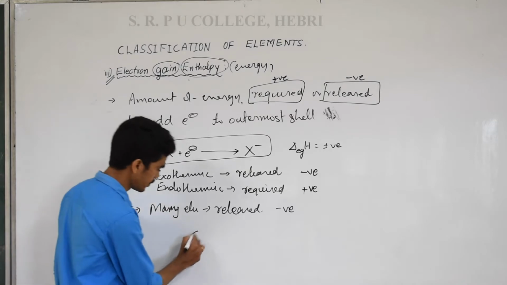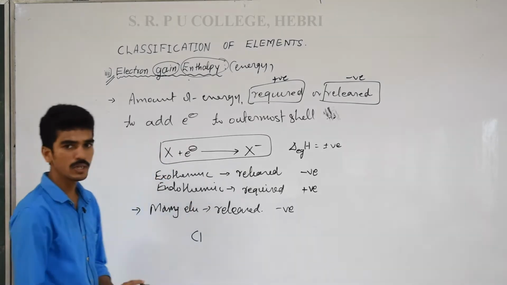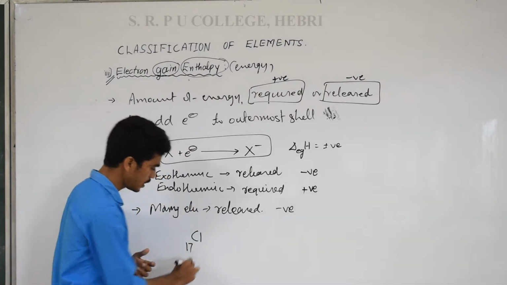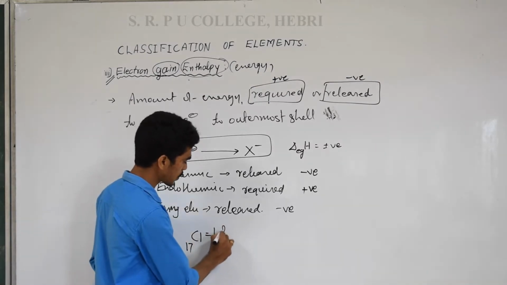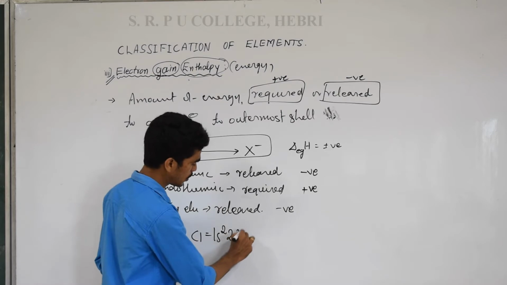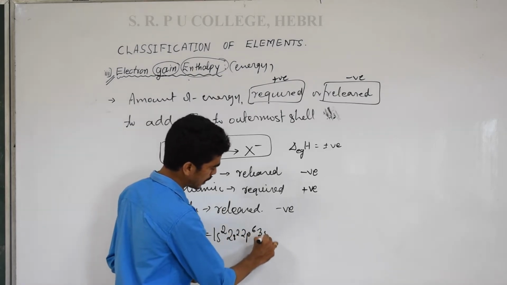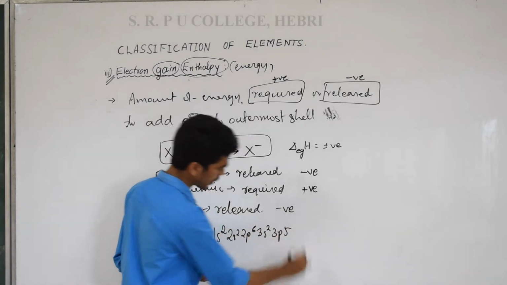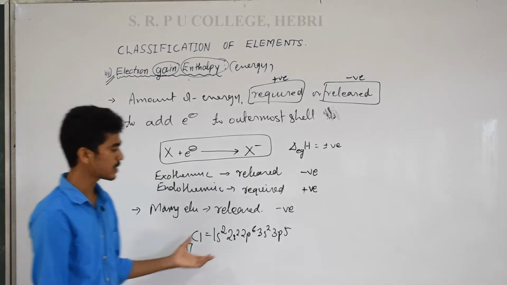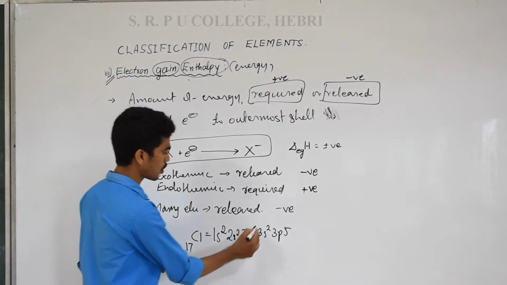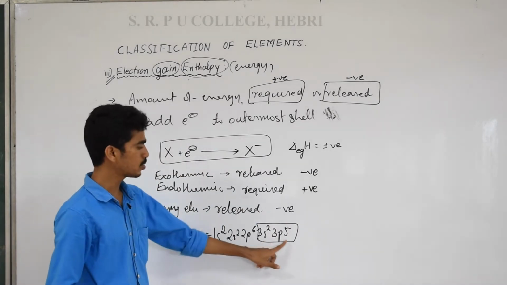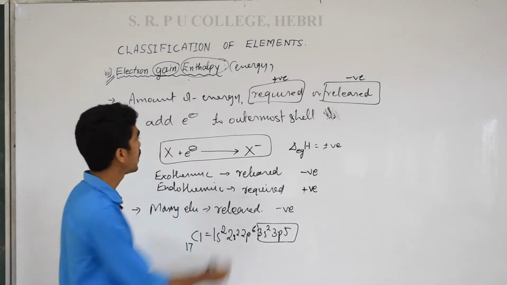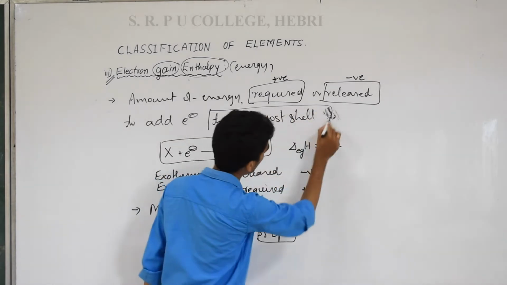For example, chlorine, whose atomic number is 17. Writing the electronic configuration: 1s2, 2s2, 2p6, 3s2, 3p5. The total number of electrons is 17. Just concentrate on the outermost shell only. Here 3s2 3p5 is the outermost shell, and we are adding the electron to the outermost shell.